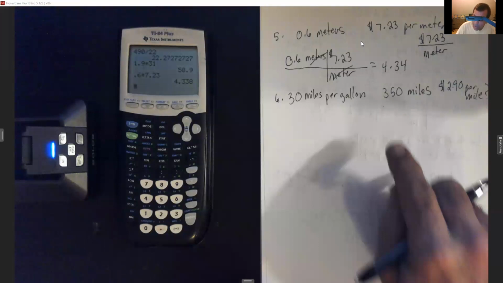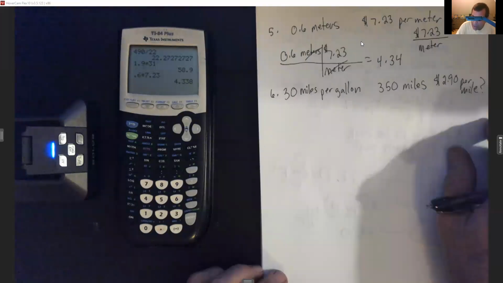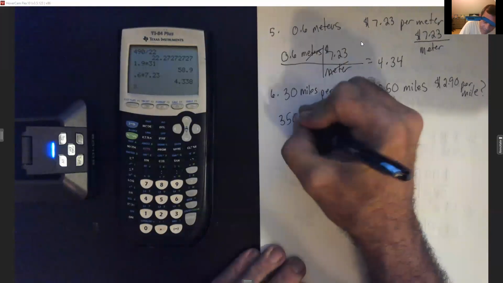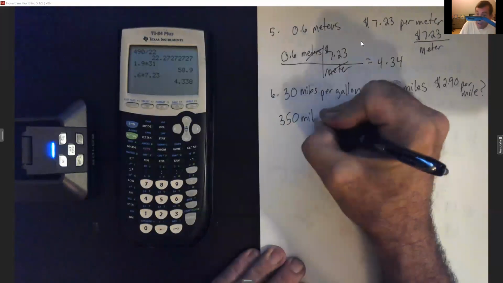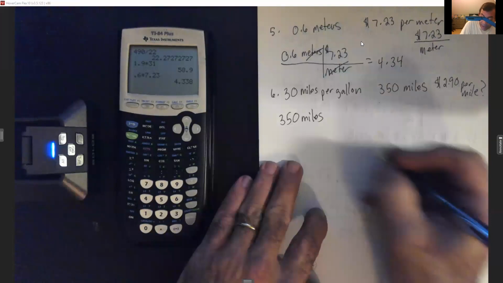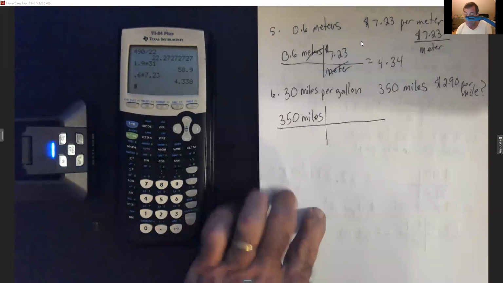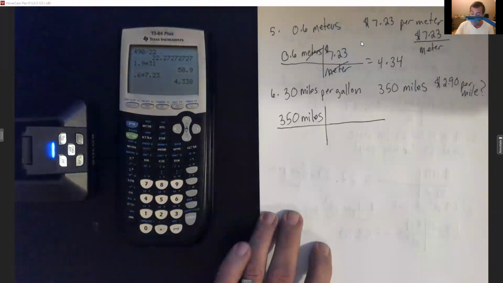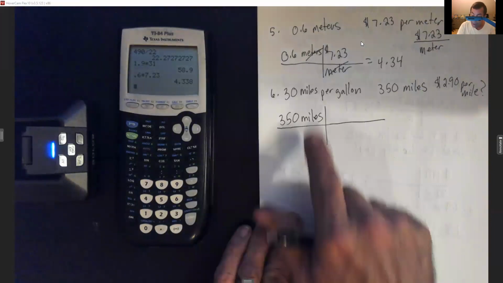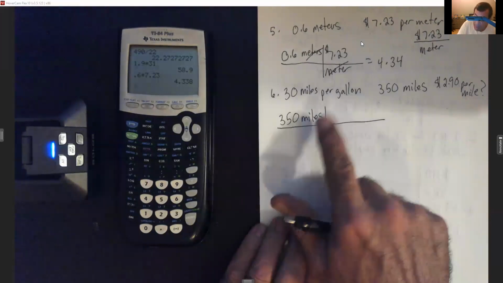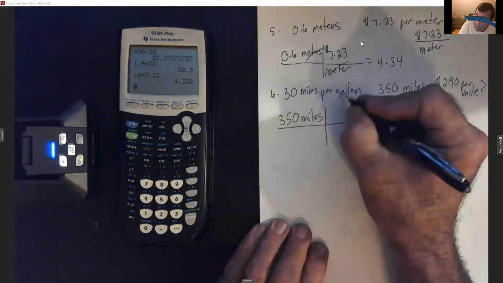We're going to start with our distance because our distance doesn't have a conversion. It's just 350 miles. So let's start getting us some conversions going so that we can get stuff to cancel. So check this out. I know that my car gets 30 miles per gallon. Remember, that's like 30 miles divided by gallon.